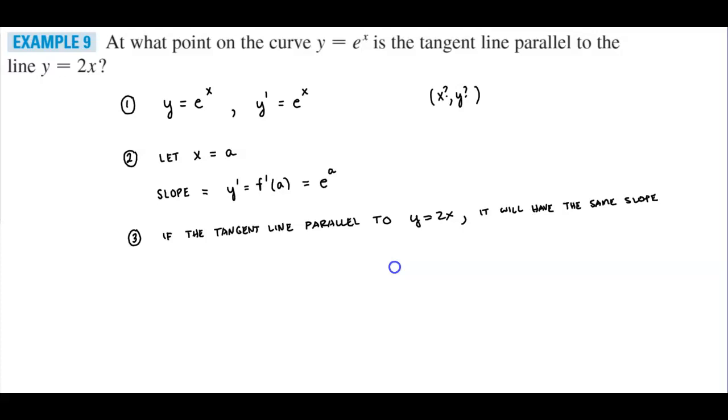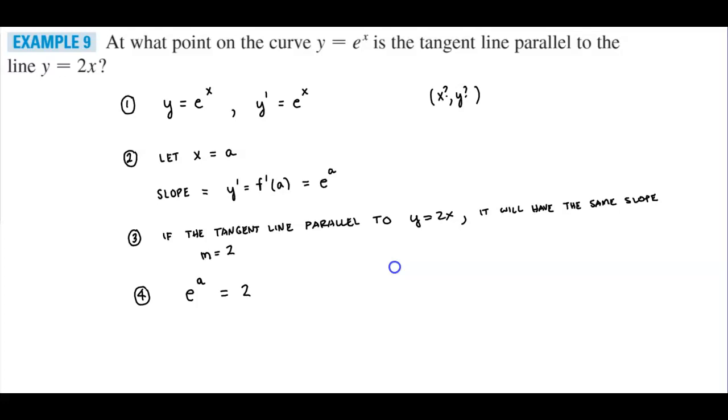And what do we know about the slope of that line? Well, we can see that it's 2. So that tells us that these slopes are equal to each other. So we're going to set e to the a equal to the value of 2.